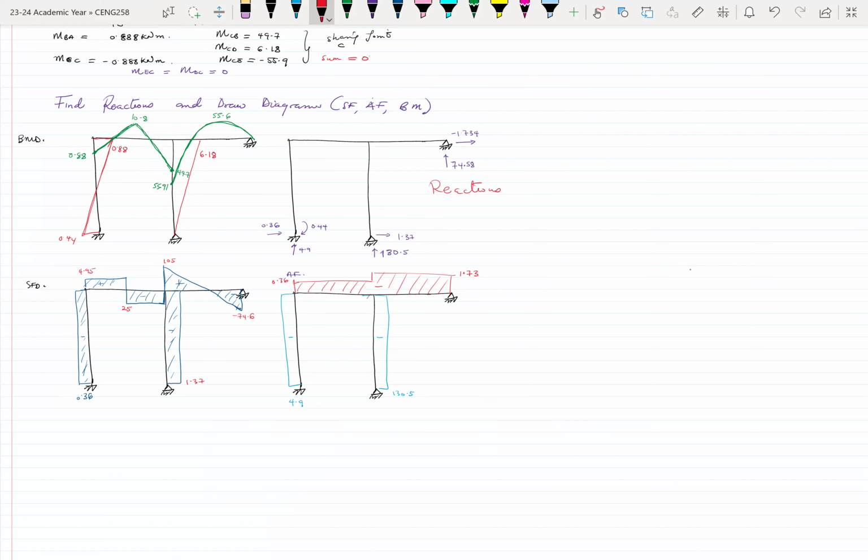So take your time, just go through it, do this part, and then we'll see how things pan out from there, all right? So the bending moment diagram, the shear force diagram, and then the axial force diagram, and also the reactions. Definitely, the reactions are needed first before any of the other diagrams can be drawn.